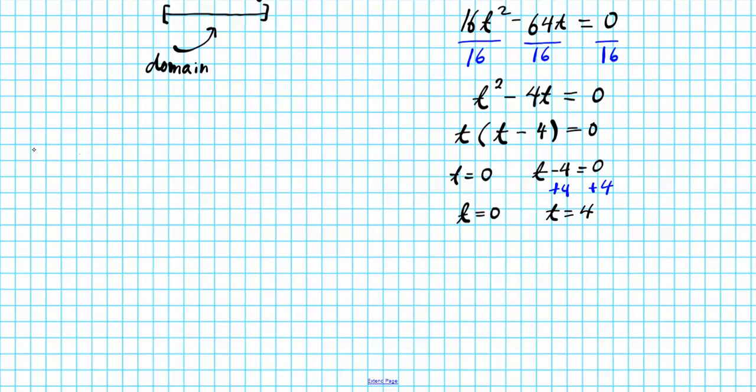So what does that mean? It means that our domain is, let's see, what notation are we asked to use? Well, it didn't specify. So 0 less than or equal to t, and t less than or equal to 4. You can write it like this, or you can write it in interval notation from 0 to 4.